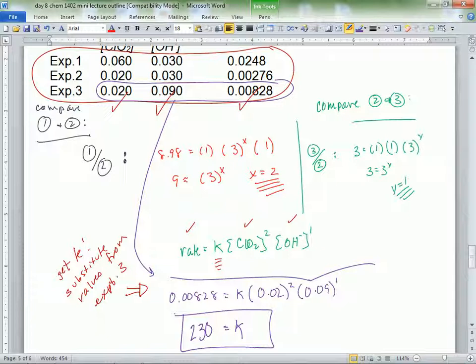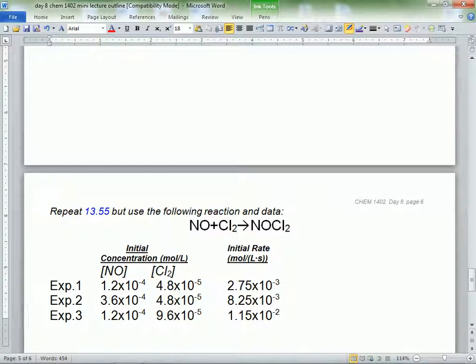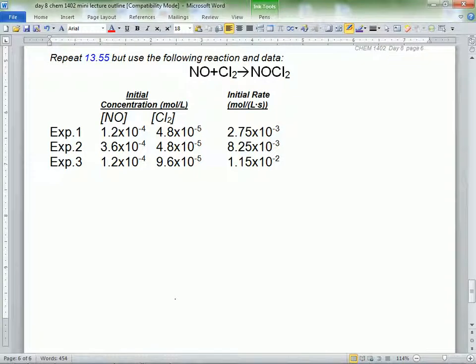See if you can get started on it, because the next one has you use exponential notation in the calculator, so that's a good practice. Do the same thing. Get the orders.